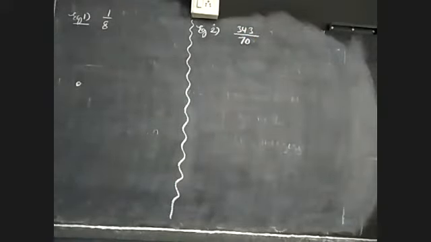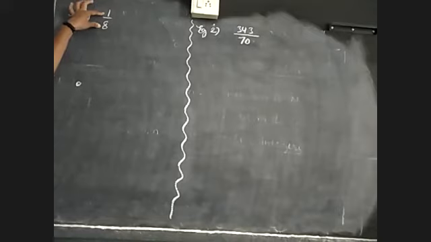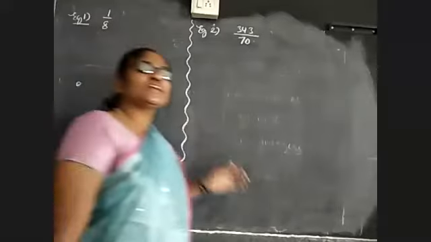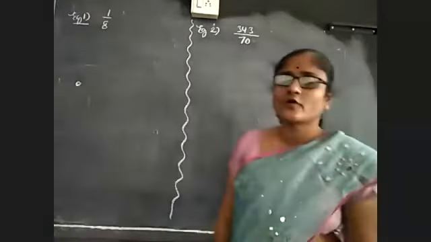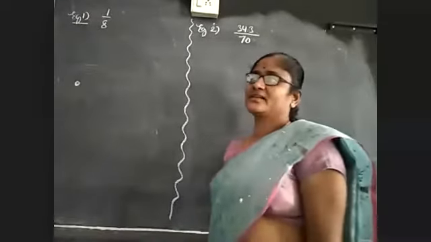Let us see the first question, 1 by 8. How are they going to ask the question in the paper? Check or verify whether the decimal expansion of 1 by 8 is terminating or non-terminating without actually performing the division.